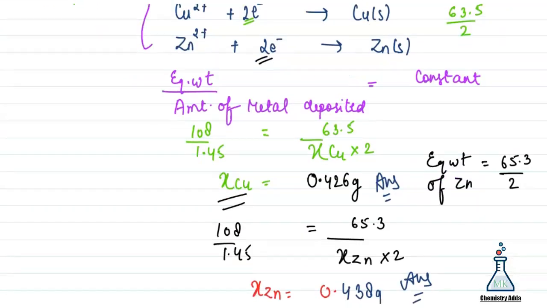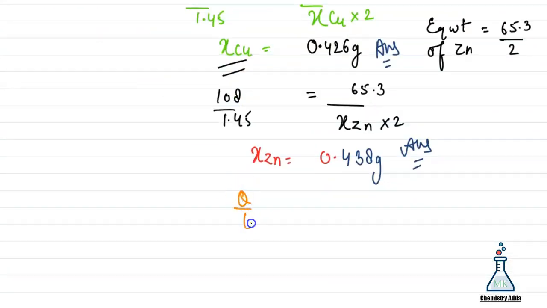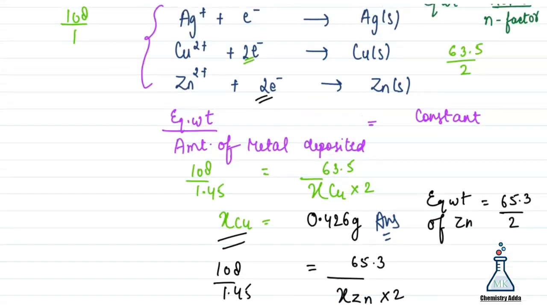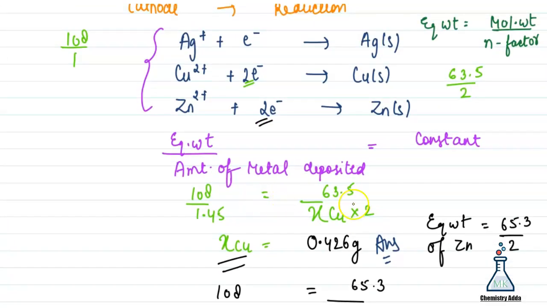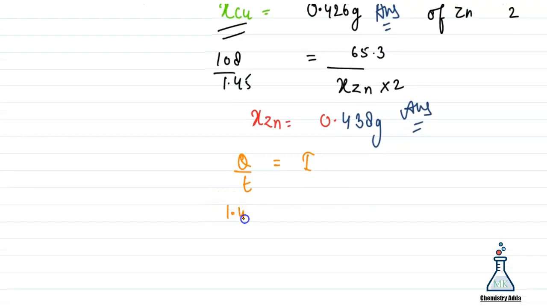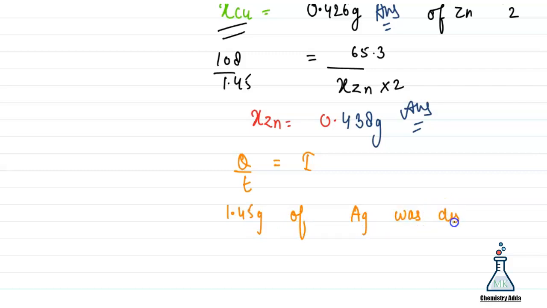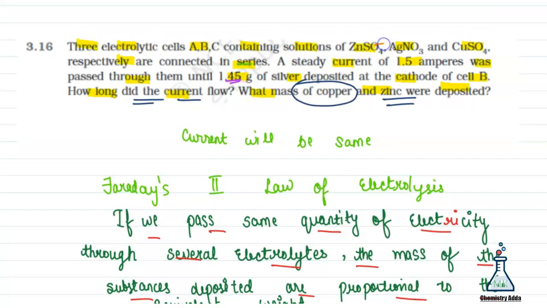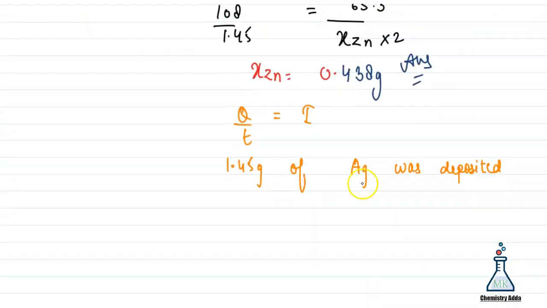We know that current is given by Q upon T. In the given question, 1.45 gram of silver was deposited, and the current is provided to us as 1.5 ampere.